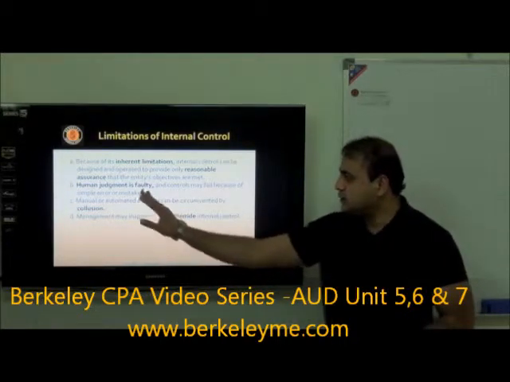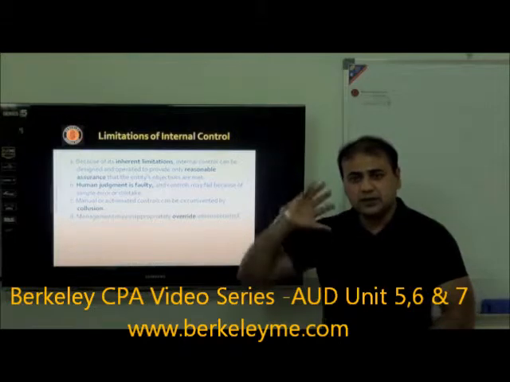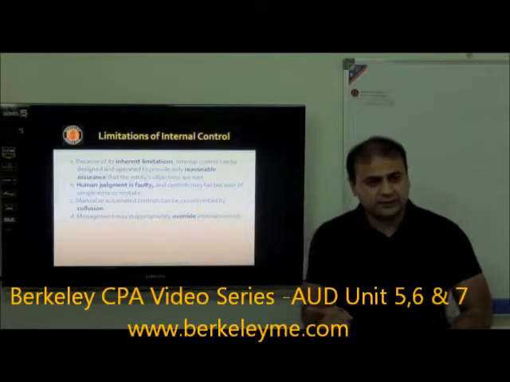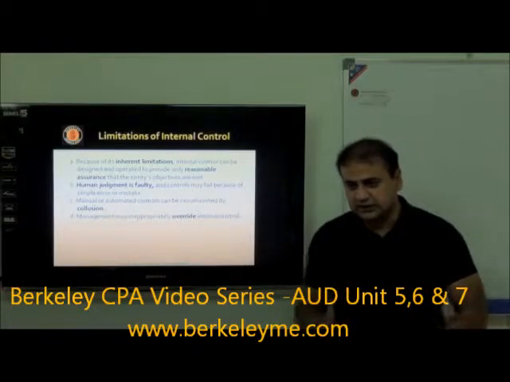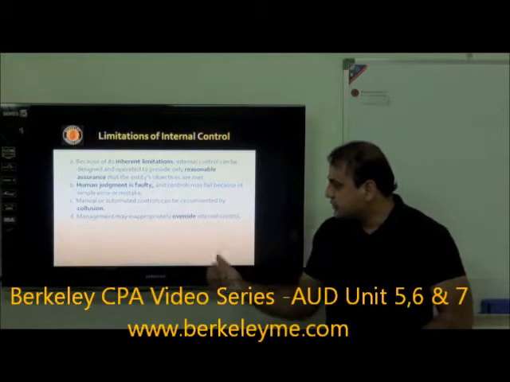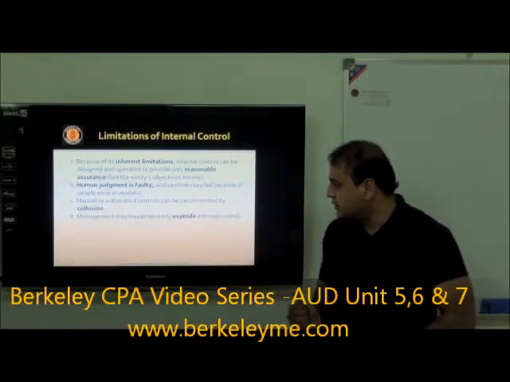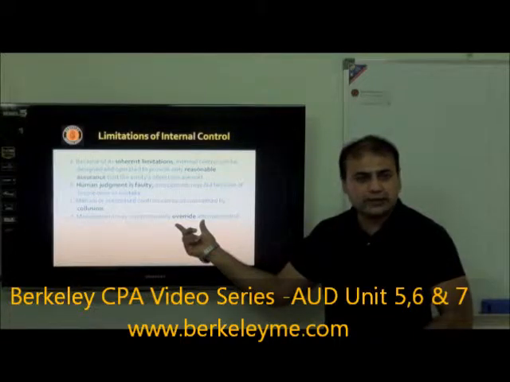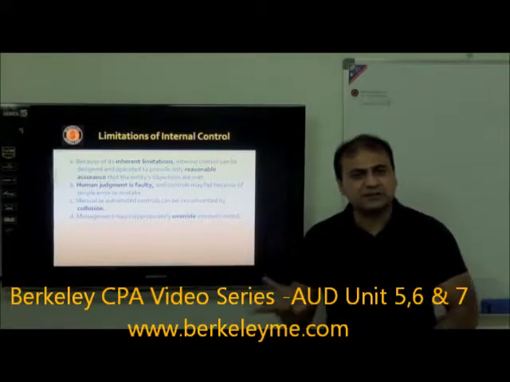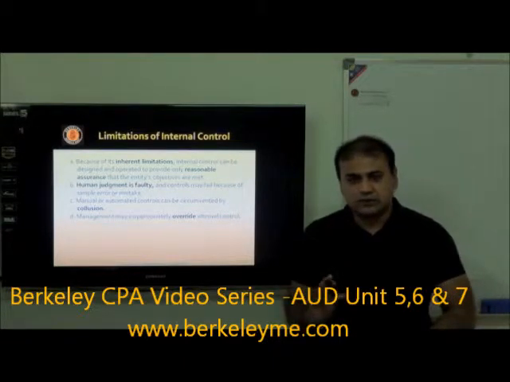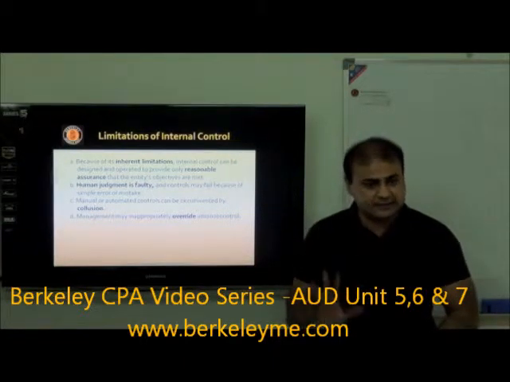The first is human judgment, that the auditor is unable to find the right things by using the test of controls, and it may be a collusion of manual or automated controls, and most of the time management overrides the policies by themselves. So that's why the internal control starts with the management itself.